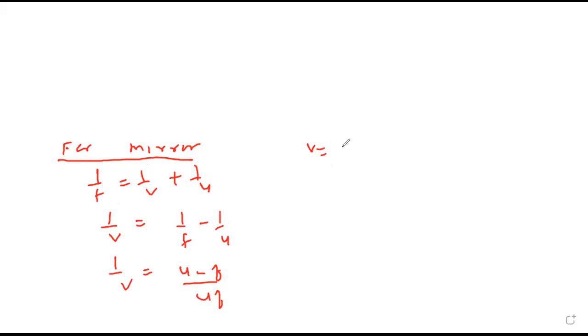So v equals uf upon u minus f. I will be directly writing this formula for v: uf upon u minus f.